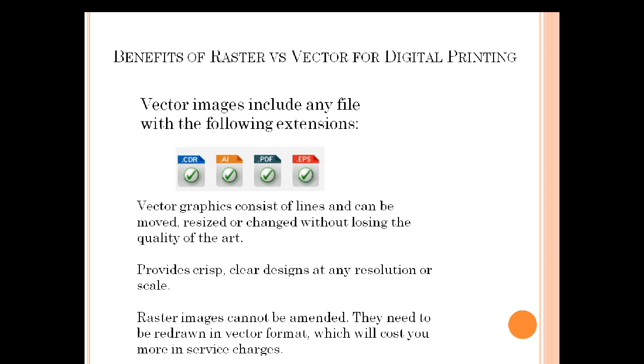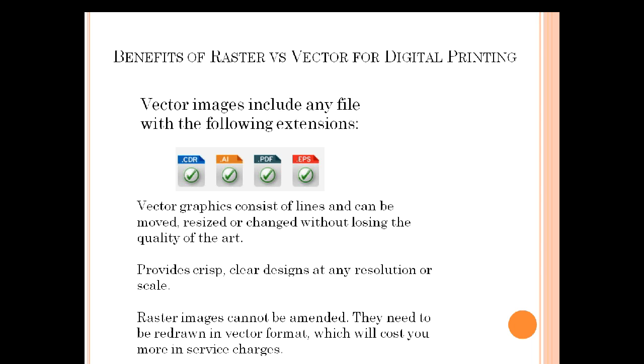Because of this, it provides the utmost in a crisp, clear design at any resolution or any scale. So if you send it in at a 4x4, it can be resized to a 10x12 or a 12x12 without losing any clarity.